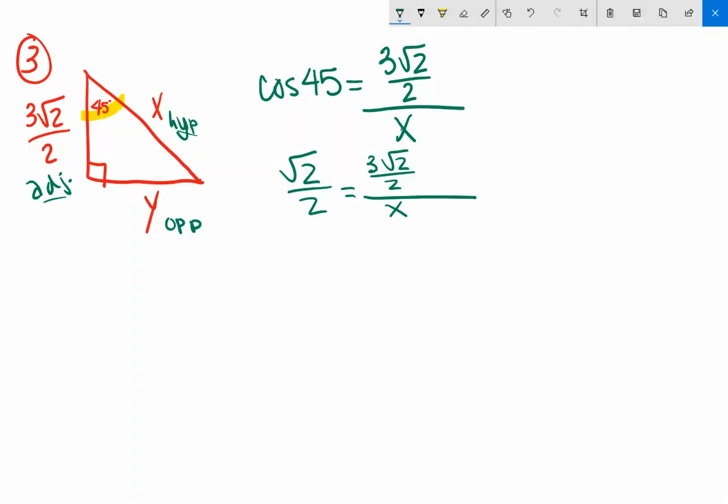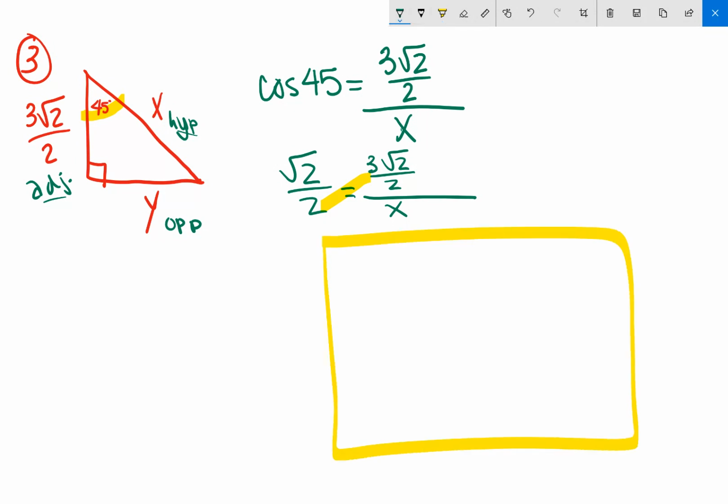So when you cross multiply, just to give you a hint on this, because I know you guys can do x times square root 2, when you do 3 square root 2 over 2 times 2, remember that's times 2 over 1, and you're just going to multiply straight across and simplify. So just be careful of that. Don't be afraid to go off to the side and finish that up, okay?